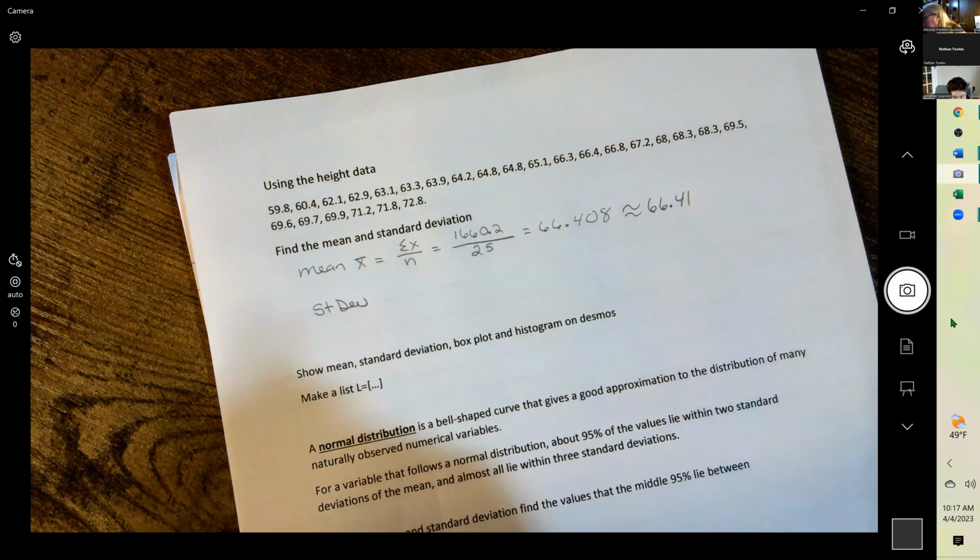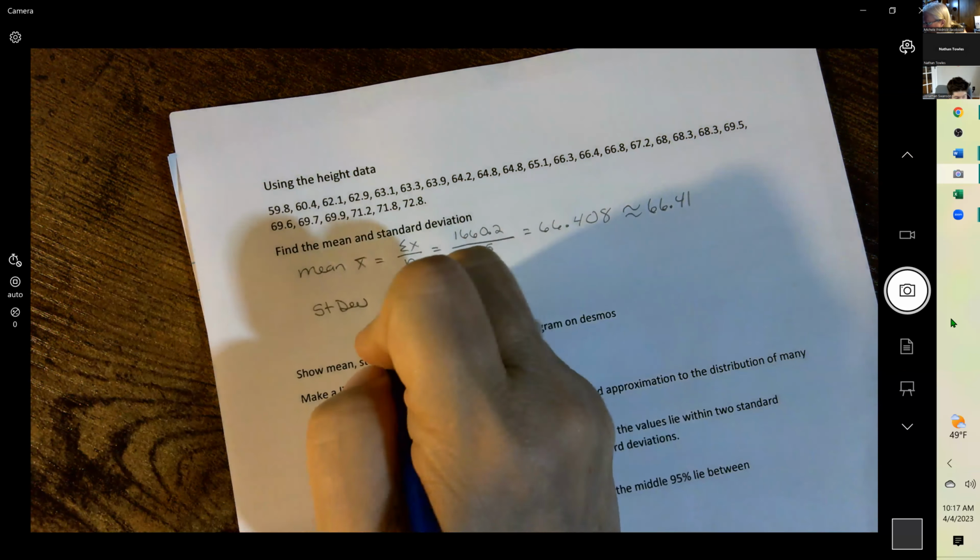For the standard deviation, they either use an s or this symbol. And the formula said 0.74 IQR, and this is approximate.